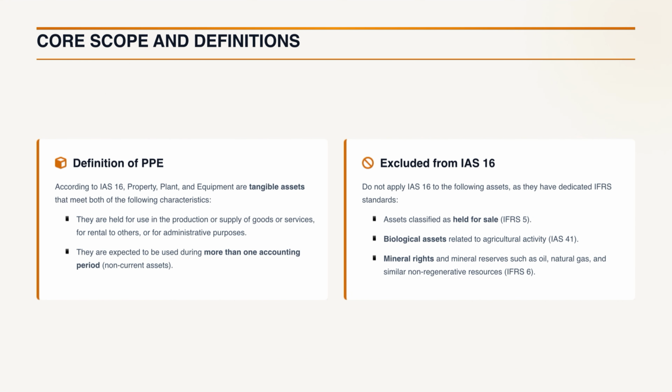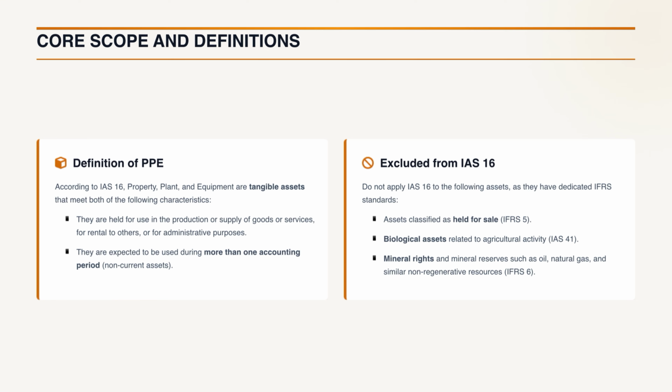To qualify as PPE, they must meet two essential characteristics. First, they must be held for use in the production or supply of goods or services, for rental to others, or for administrative purposes. In other words, they are active operational assets, not passive investments. Second, they must be expected to be used during more than one accounting period, meaning they are non-current assets.